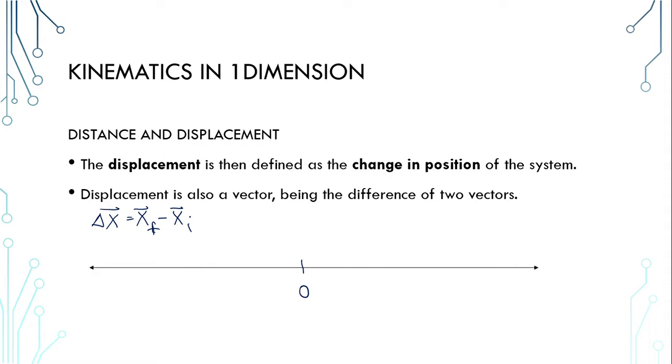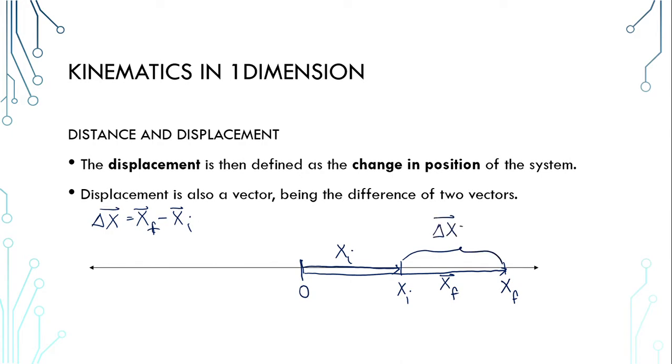For instance, if the object is initially at this point here, and this is the initial position vector x initial, and it's later on at some other time at this position here, then the position vector for the final position will be a vector that goes from the origin to that final position there, and the displacement vector will be the difference of these two.